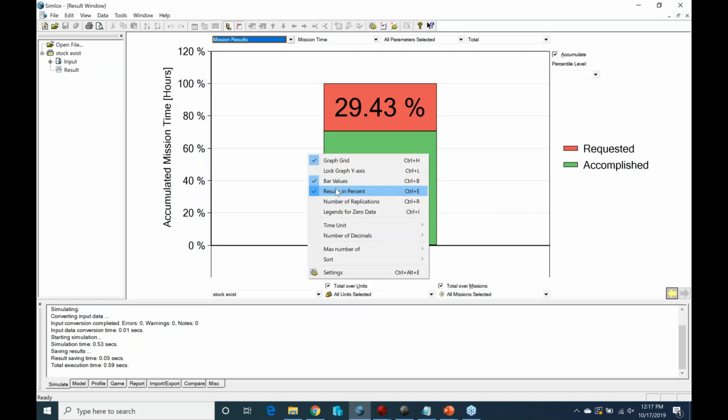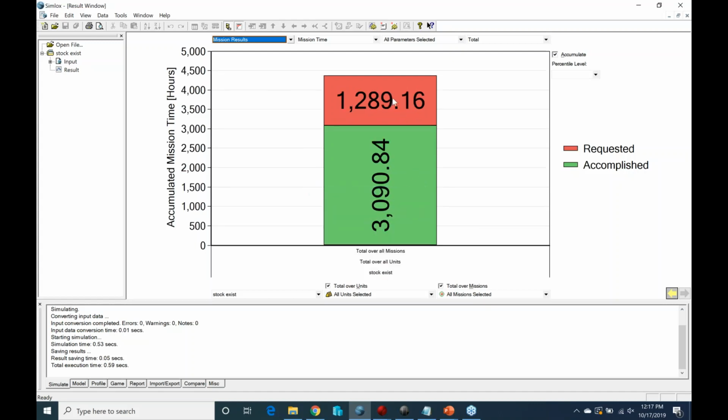We can look at this not only in percentages, but in raw numbers. Over the course of the next quarter, or whatever time period we're looking at, we're going to miss 1,300 mission hours. So in my mind, that 49% A sub O is probably insufficient.